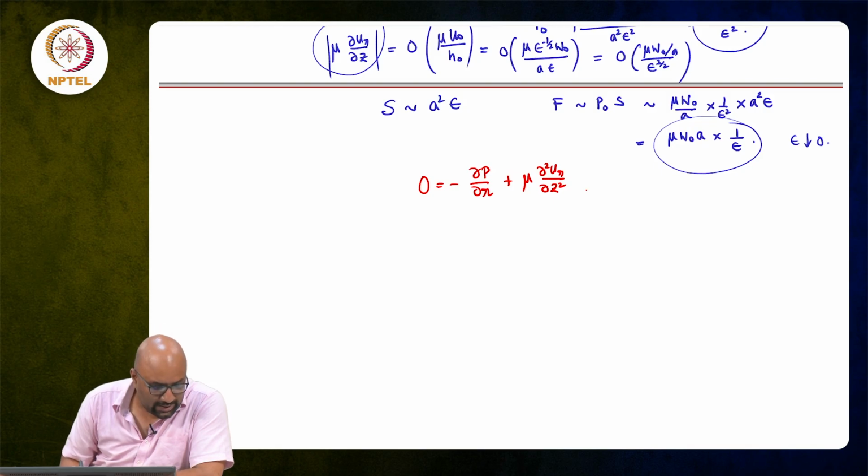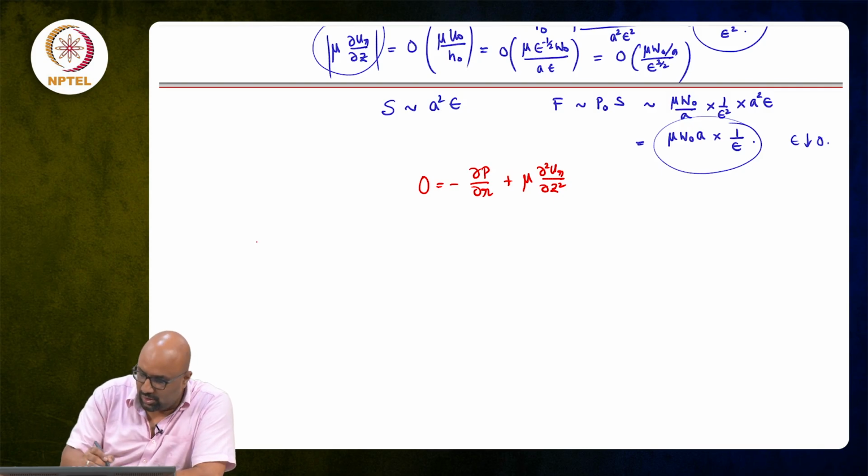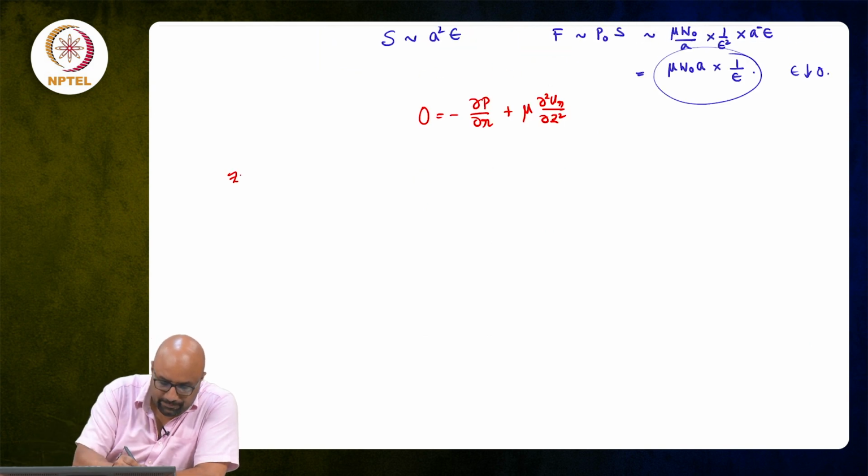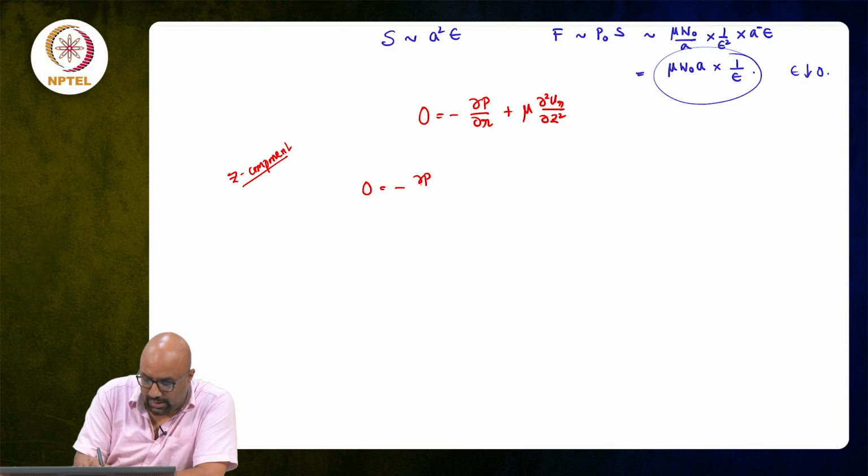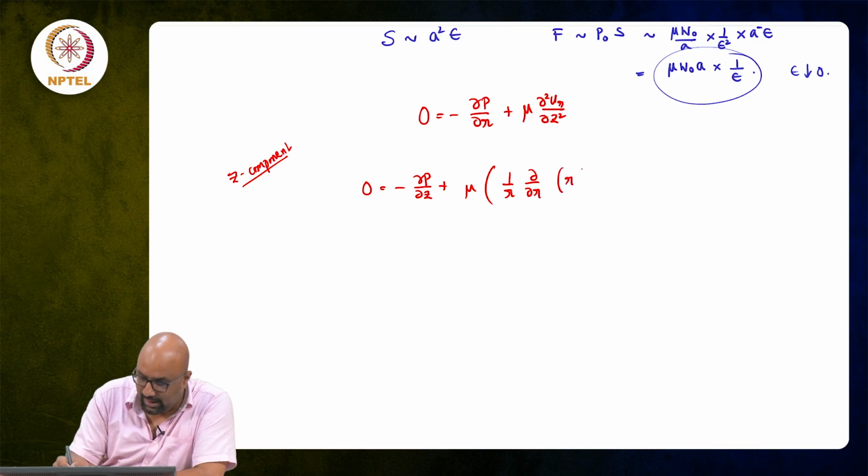Just like the radial momentum equation, you will also have an axial momentum balance, the z component, which is 0 minus dou p dou z plus mu 1 by r dou r r dou u z dou r plus dou square u z dou z square.